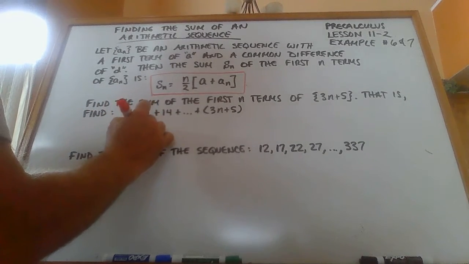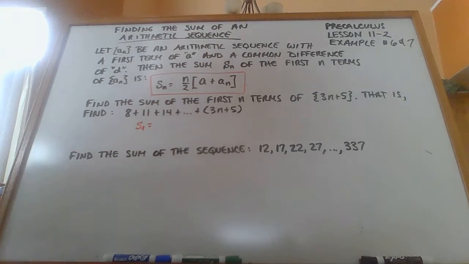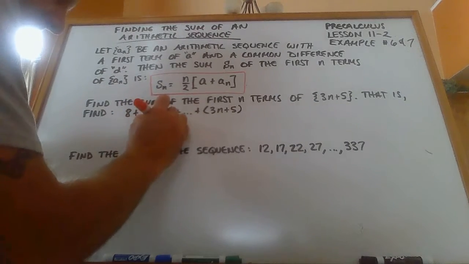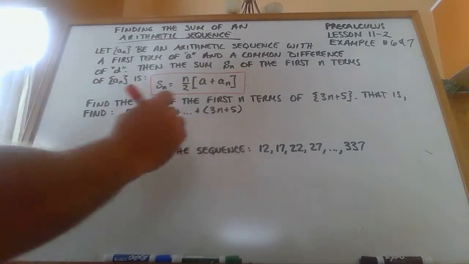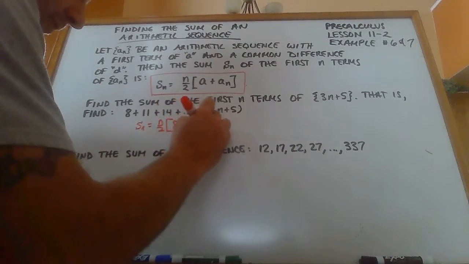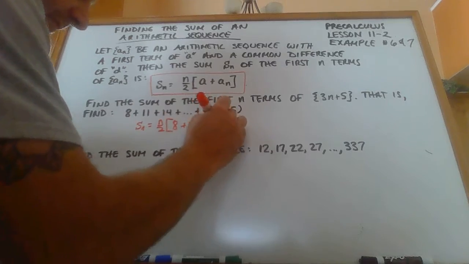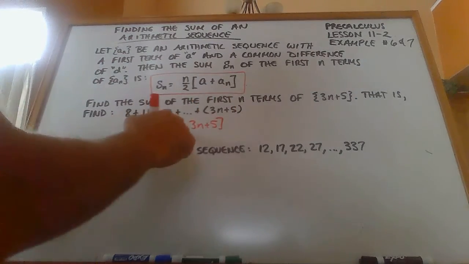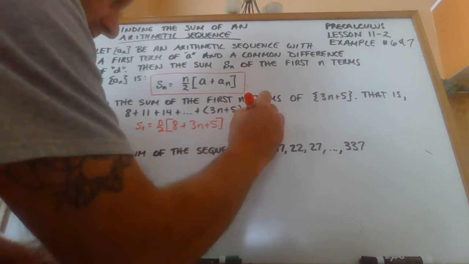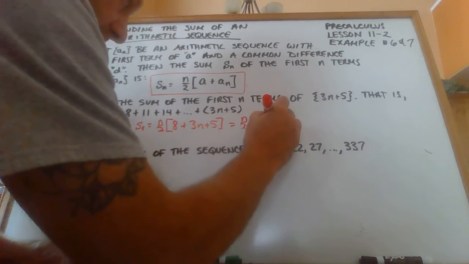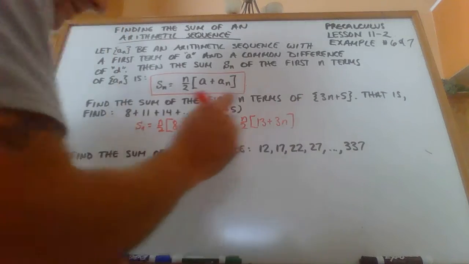So S sub n is going to be n divided by 2 times the first term, which is 8, plus the last term, which is 3n plus 5. And we can combine our like terms in here. So this is n over 2 times 13 plus 3n.